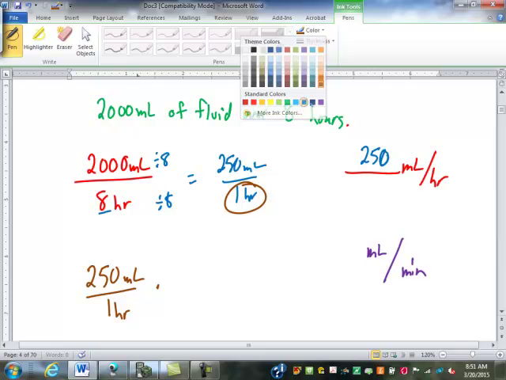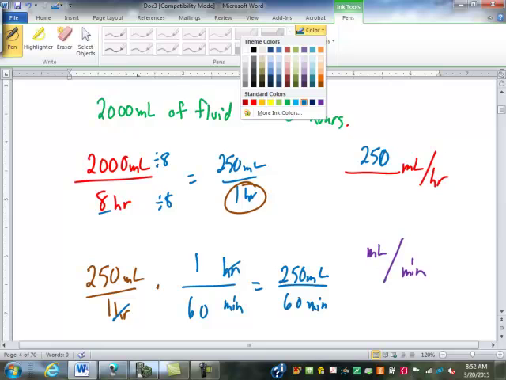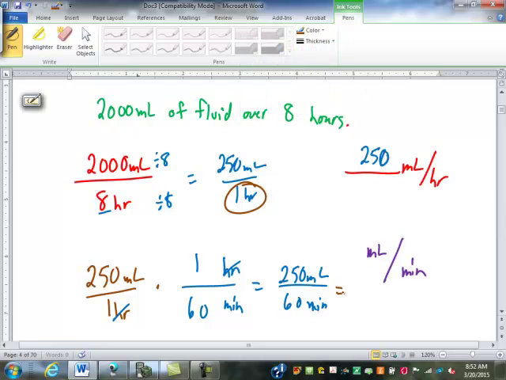We can do a conversion now of hours and minutes. 1 hour is 60 minutes, and the hours cross cancel, it's going to give us 250 milliliters per 60 minutes. If you divide that out, that's going to be 4.167 milliliters per minute. It's a decimal point, not a comma.